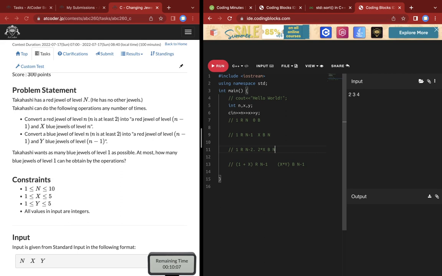So what is the better way to go? First should he go here or should he go over here?